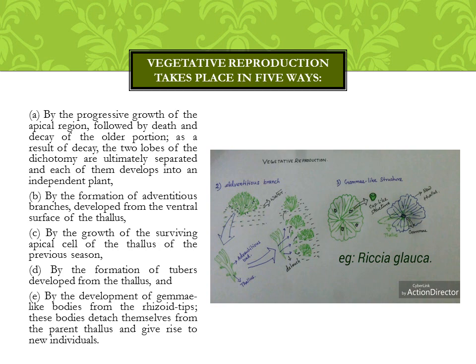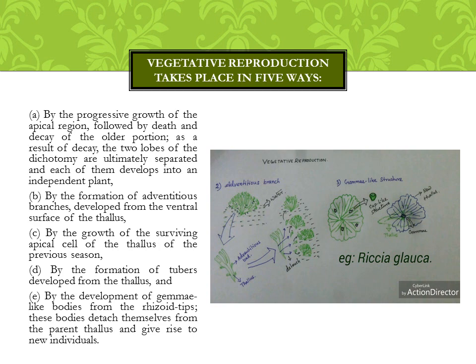Another is by the formation of adventitious branches. Special adventitious branches similar to the parent thallus arise from the mid-ventral surface of the thallus. These adventitious branches get detached and develop into new plants.